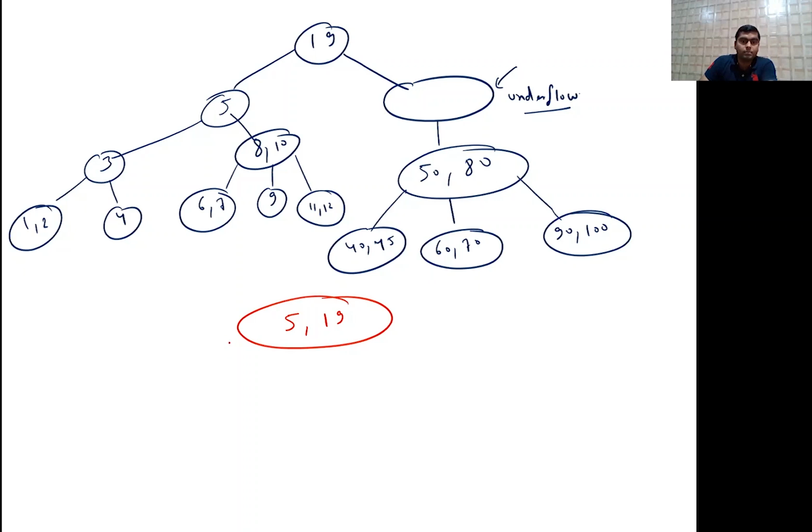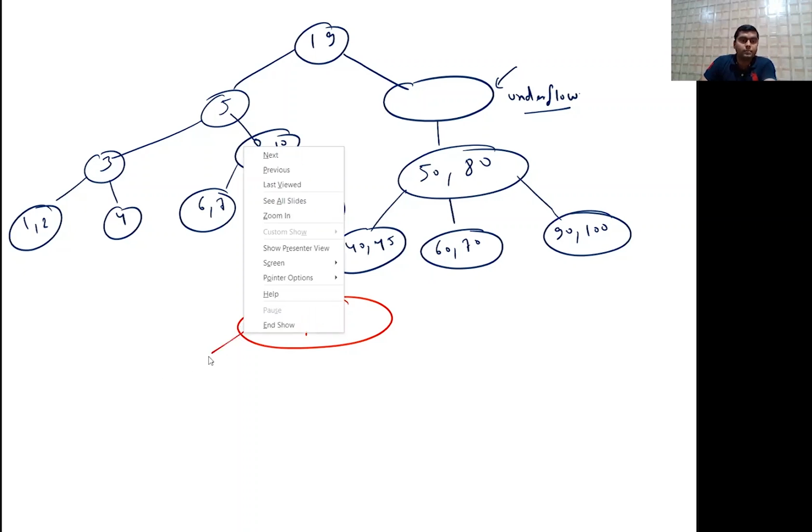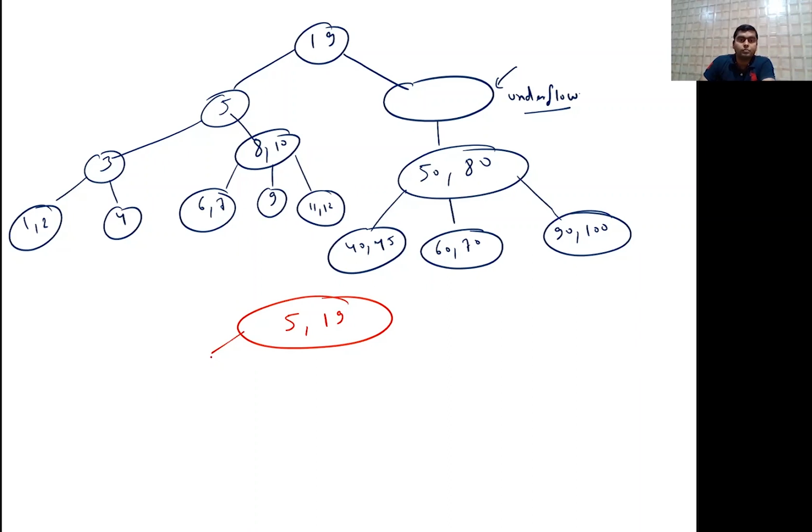after that, what will be the nodes? Those are 3. Okay, and after 3 it is 8 and 10, and right of 90 is 50 and 80.